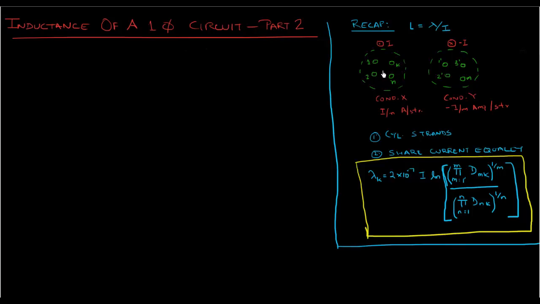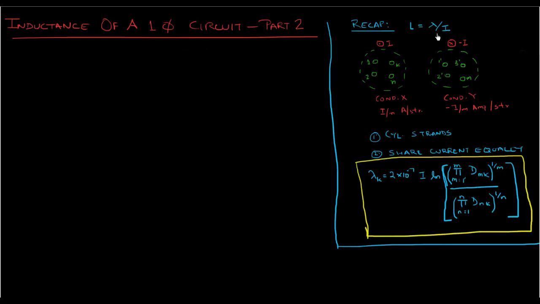In the numerator you have the product of all the distances from this strand in conductor X to all the different strands in conductor Y. In the denominator you have the distance of that strand to all the different strands in the same conductor X. The numerator was raised to the power 1 by m, and the denominator to the power 1 by n. So let's begin from that as a basis.